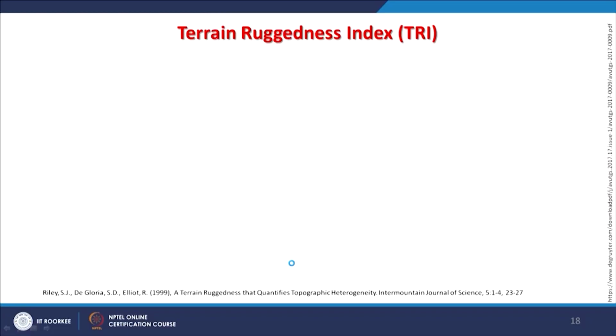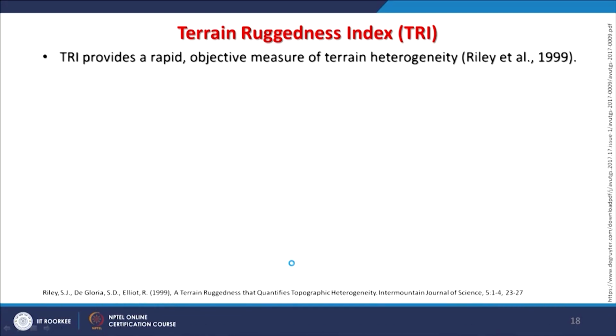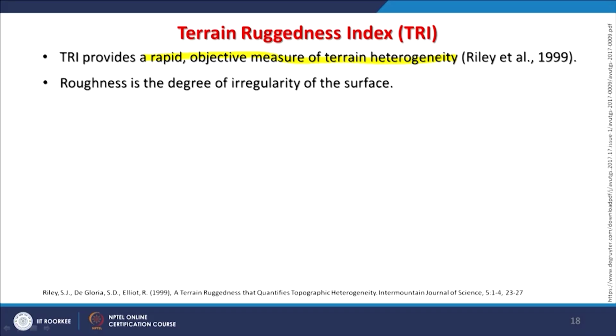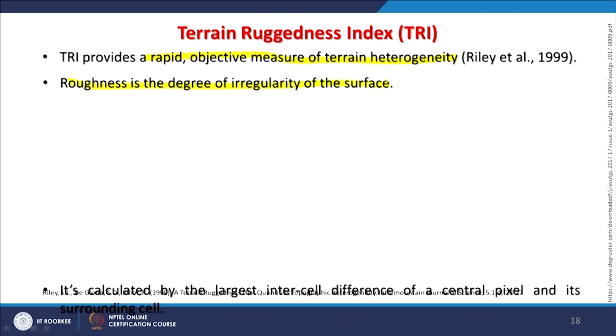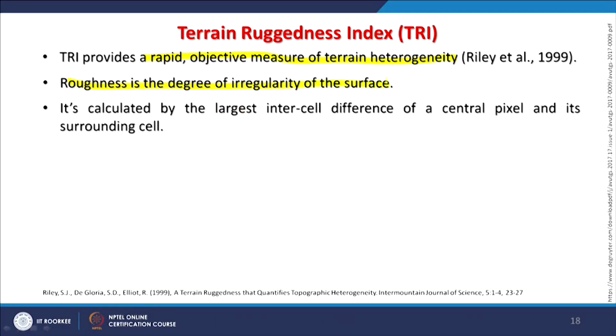Now, there is some variation to the TPI index, that is the terrain roughness index. This TRI provides a rapid objective measure of terrain heterogeneity. So, everything is related with roughness, and this roughness is the degree of irregularity of the surface. Basically these are the micro terrain features which are useful in many analyses from soil erosion, sediment transport, or mineral exploration points of view.